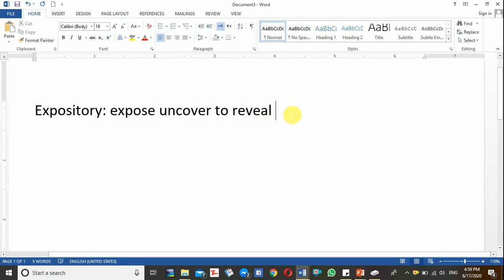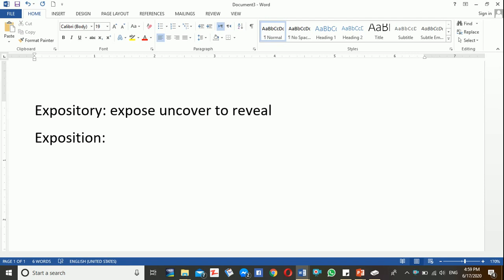And then we have the other forms of this word, exposition. Now, what's exposition? According to grammar, exposition is a noun, which means a clear and detailed explanation. We also have the word expositive, which means like expository. There isn't any big difference.